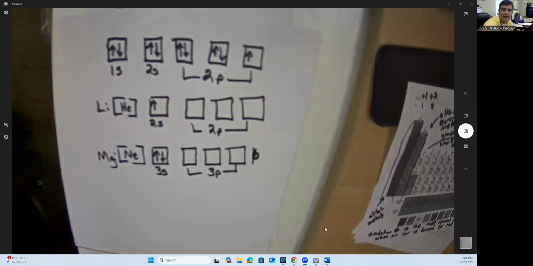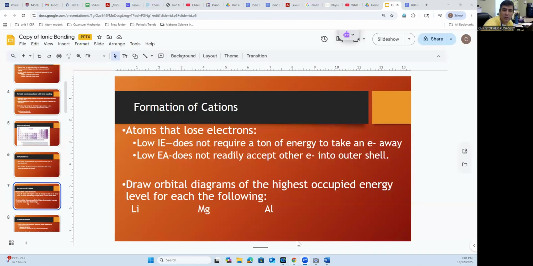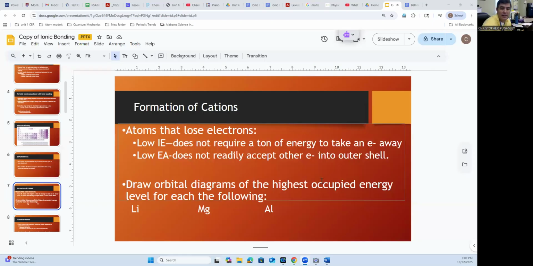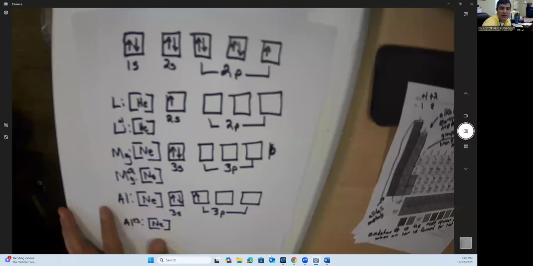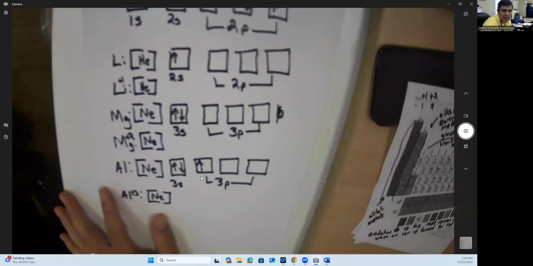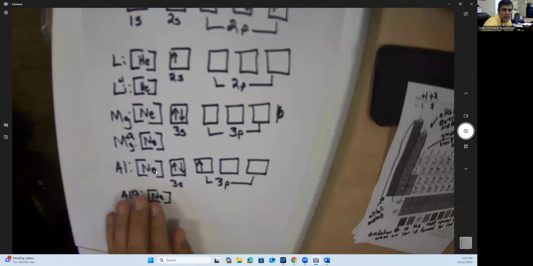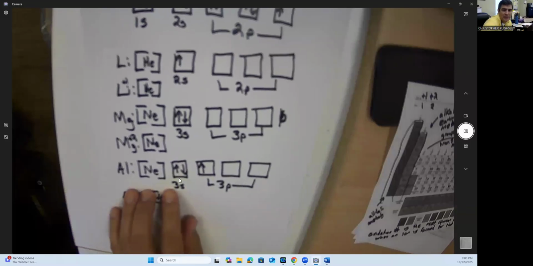The last one is aluminum. Pause the video and do aluminum. Okay, I'm back. Here is the last one, aluminum. It's neon, with two electrons in its 3s and one in its 3p.